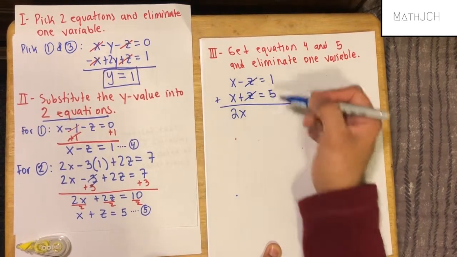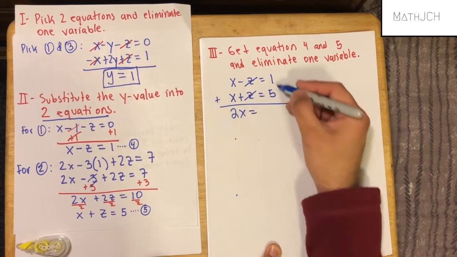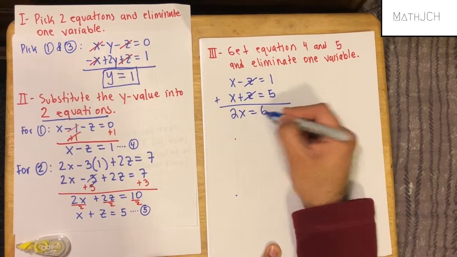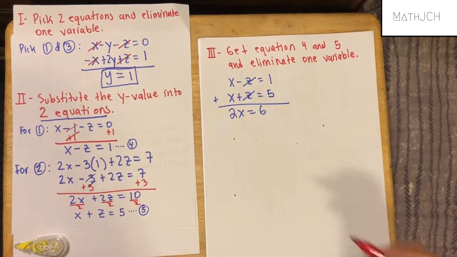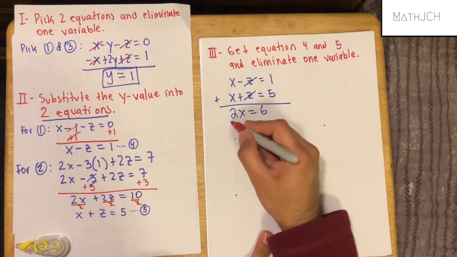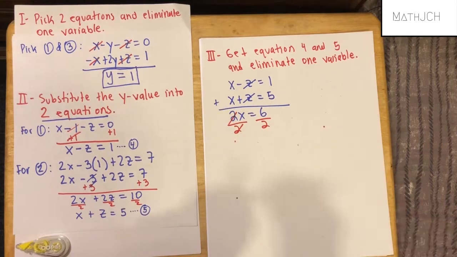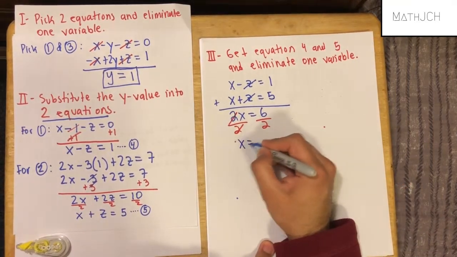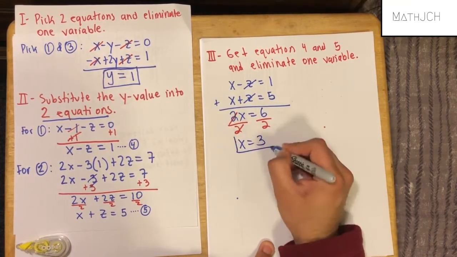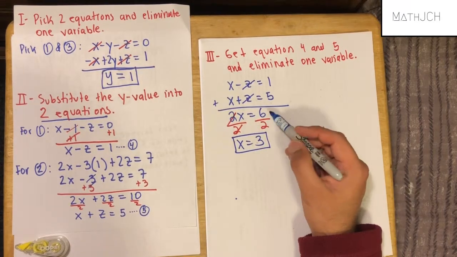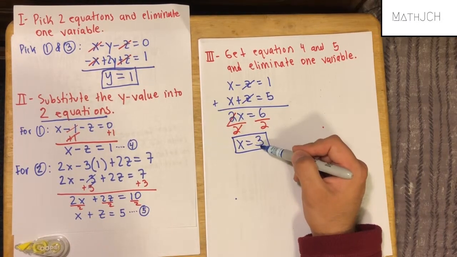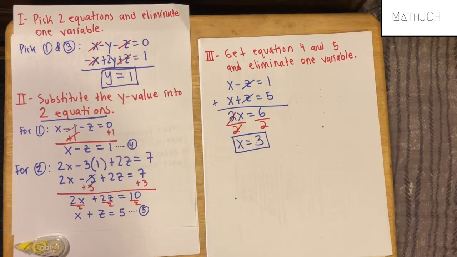Negative z plus z cancels, equals 1 plus 5, that will give me 6. Now from here, we can solve for x. All I have to do is divide both sides by 2, and x will be 6 divided by 2, positive 3. Remember, positive divided by a positive gives me a positive number.